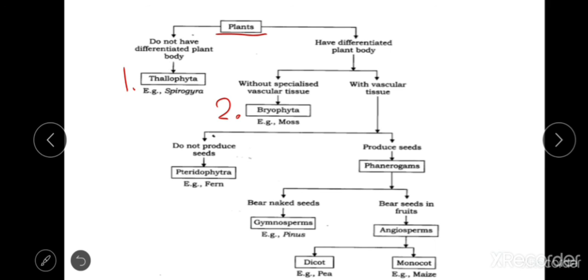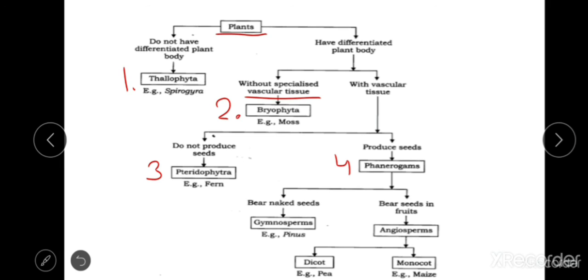So basically, Bryophyta lack vascular tissues. Those with vascular tissue come under the category of Pteridophyta and Phanerogams. Pteridophytas do have vascular tissue, but they lack seeds.